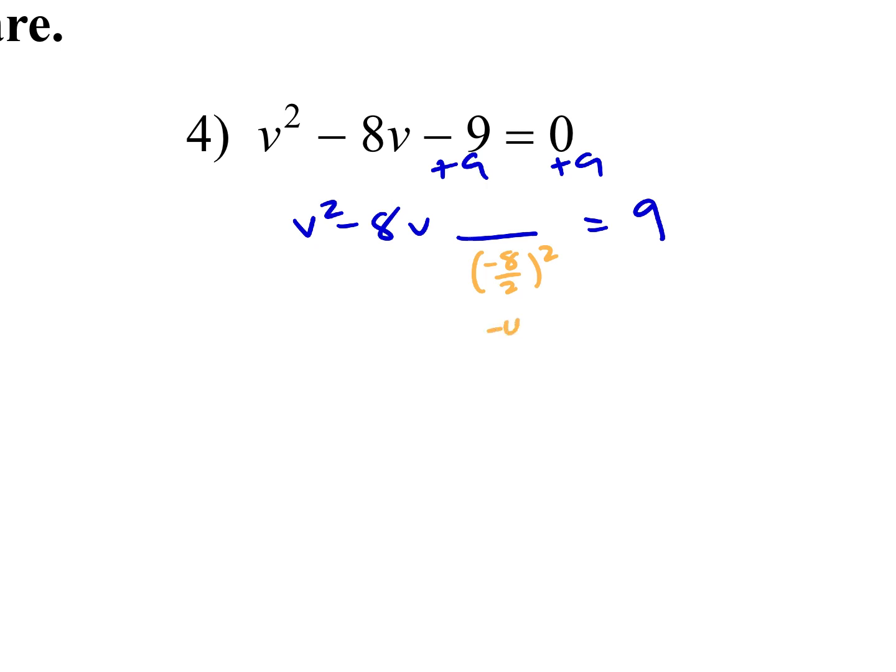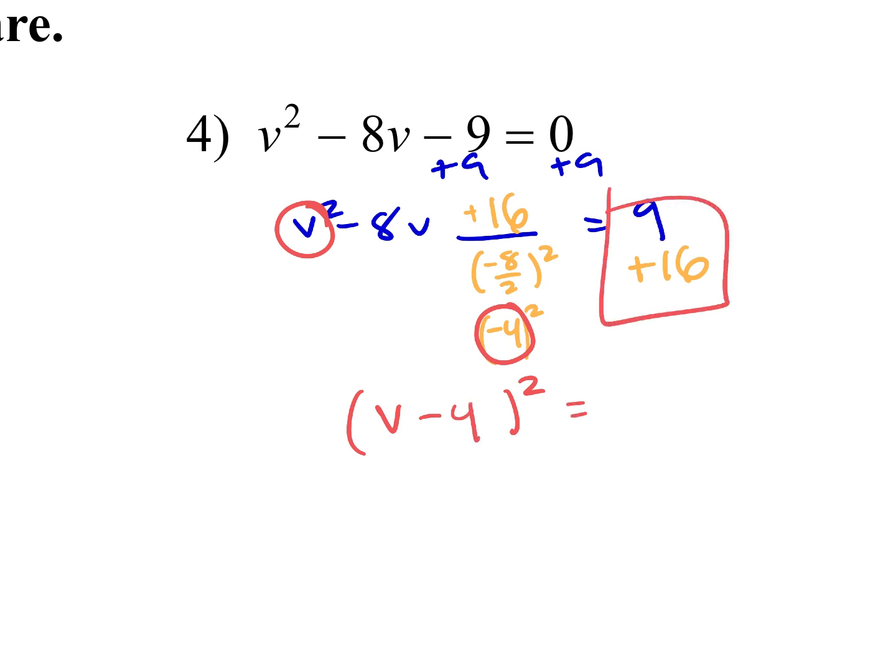Negative 4, and what's negative 4 squared? 16. So I'm adding 16 here. What else do I have to do? Add it to the other side. Now what goes into my parentheses here? V minus 4. And then what's that equal to? 25.